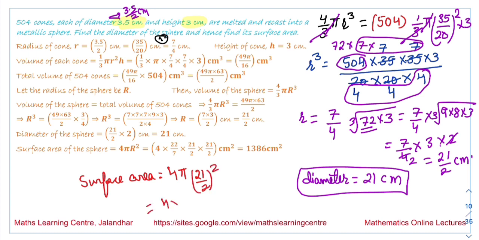So we get 4 into 22 by 7 into 21 by 2 into 21 by 2. On multiplying all these terms, the answer we obtain is 1386 centimeter square. So this is the surface area of the sphere, and this is the value of the diameter of the sphere.